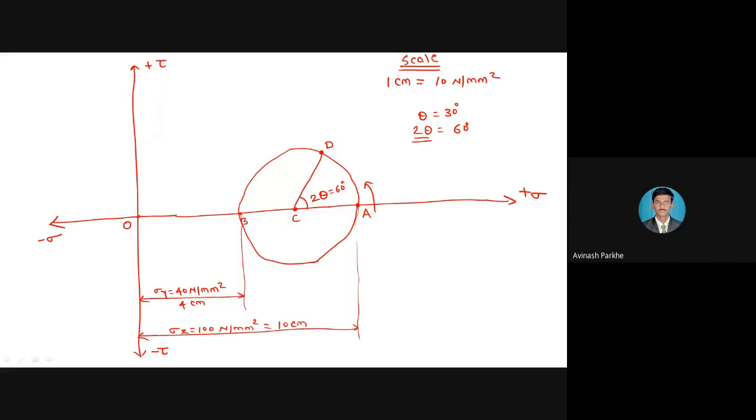Then draw one vertical line from point D. Second step, draw vertical line from point D by the dotted lines. So from point D, draw one vertical line in downward direction. The line should be perfectly straight.